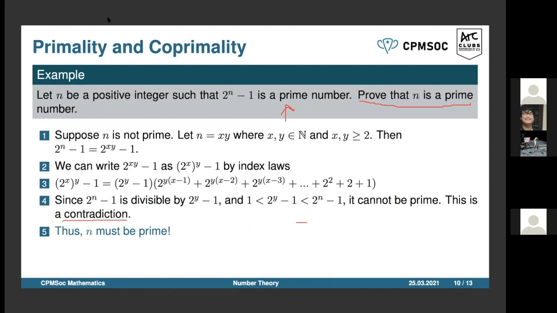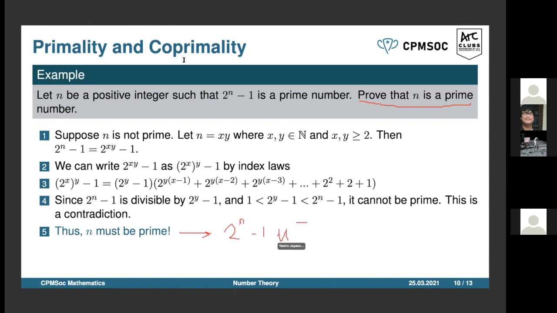So n must be a prime number in order for 2 to the n minus 1 to be a prime. Some more remarks about this question. When n is a prime number, this number 2 to the n minus 1 is called a Mersenne prime.